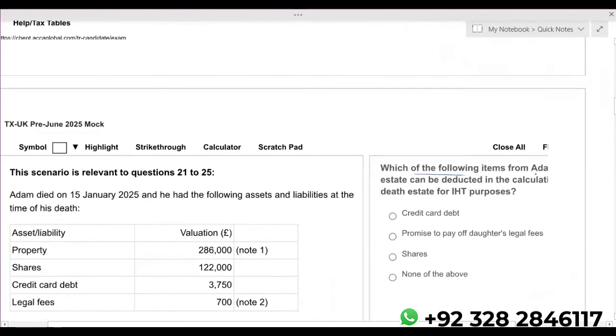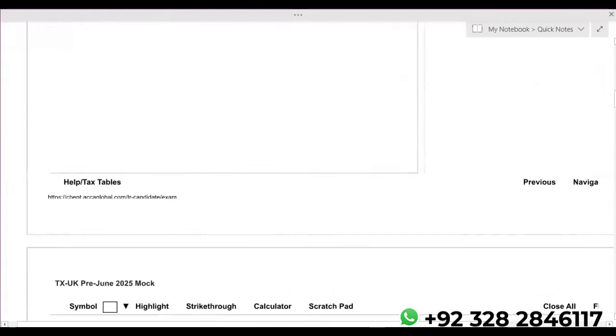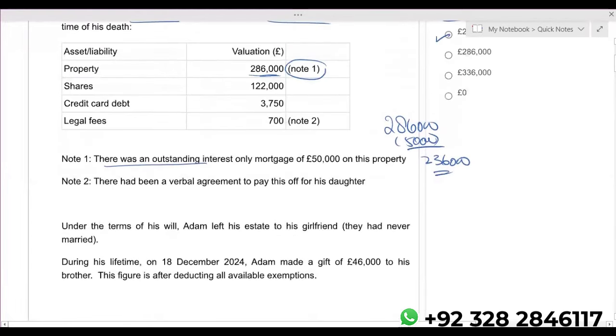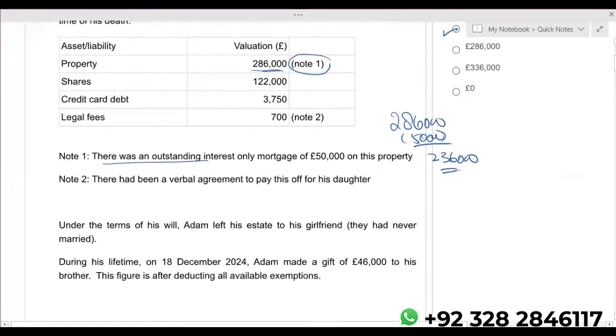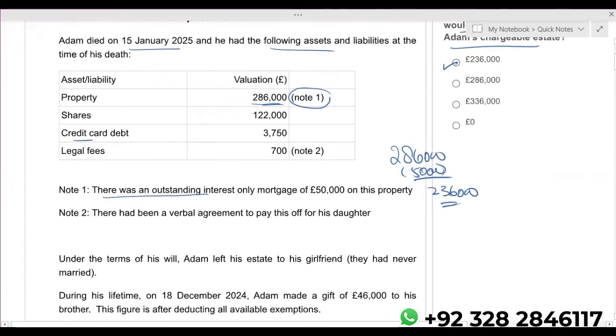Which of the following items from Adam's estate can be deducted in calculating death estate for IHT purposes? Actually, we deduct funeral expenses. We also deduct legal debts. There's a credit card debt, of course, you have to deduct.